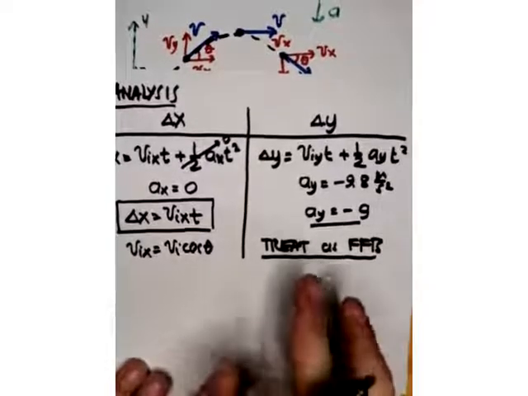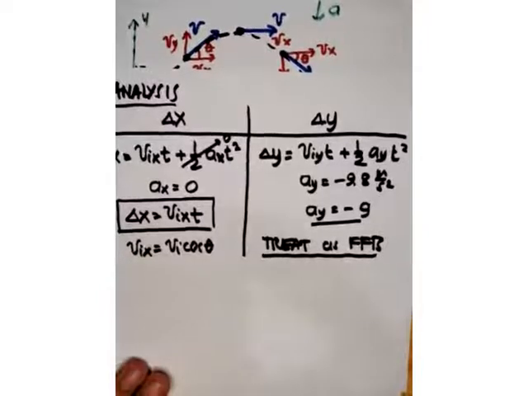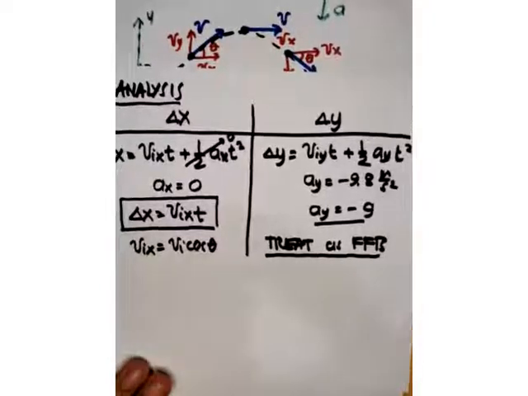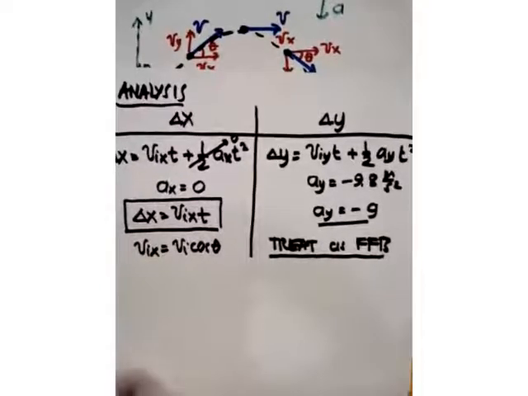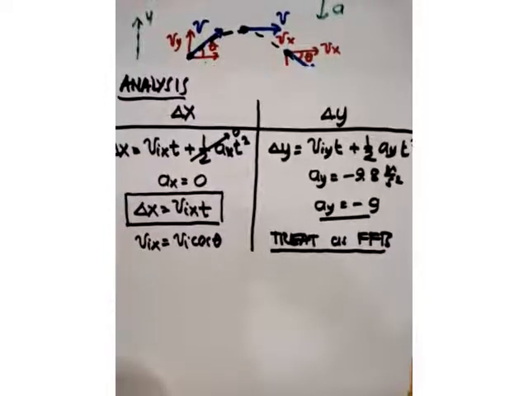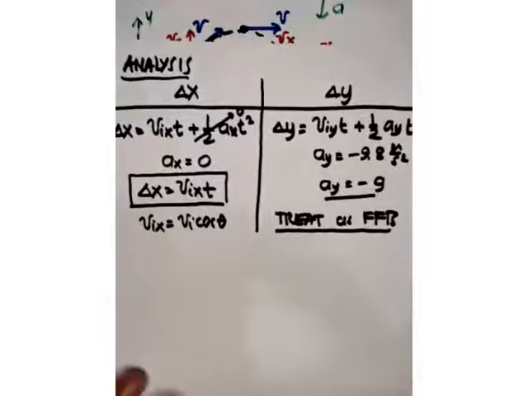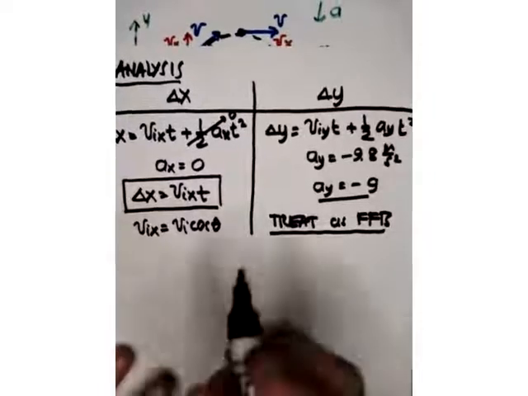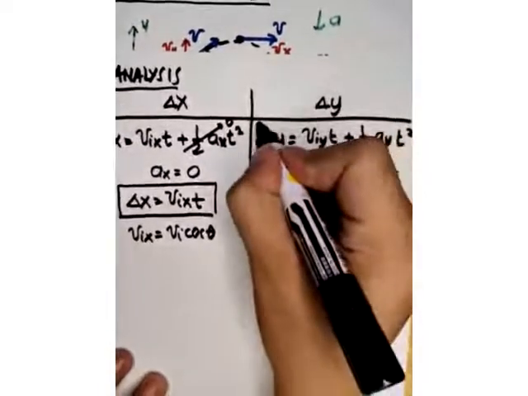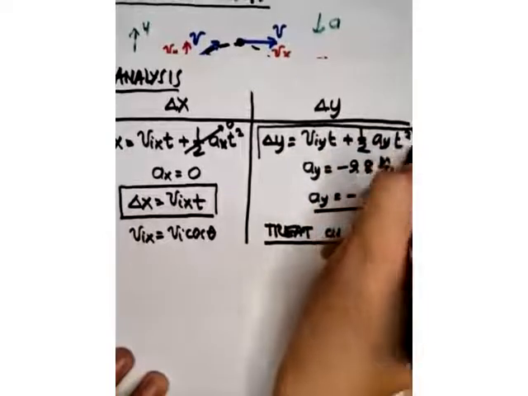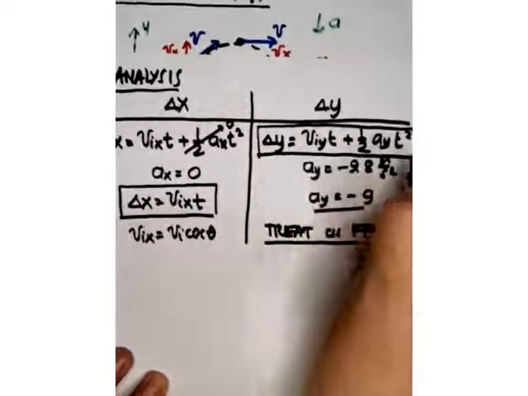Parang free fall lang ito na nag-add ka ng delta X is equal to VIXT. So parang ganun lang siya. Ayan. So meron na tayong displacement for delta X and delta Y.